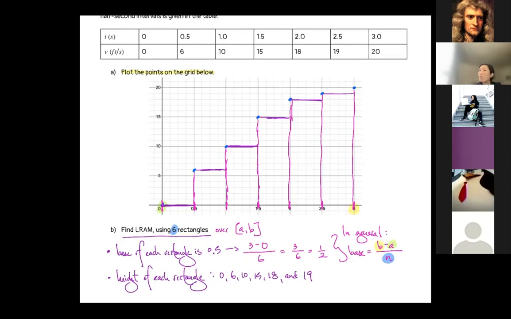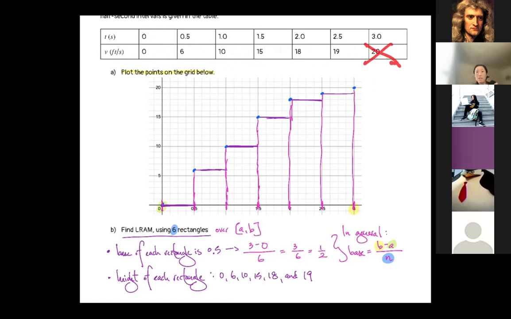Okay, are they all of the velocity values? Like, did I just take every single velocity value in my table? I have a yes. Let's see. We've got 0. We've got 6, 10, 15, 18, 19. Oh, but we don't have 20.